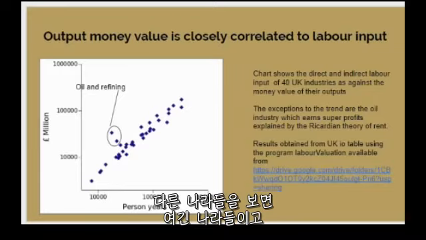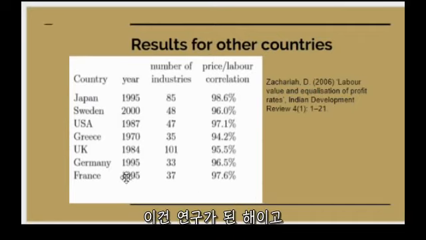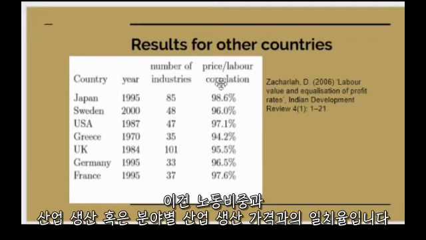If we go on to some other countries, we can look at here are the countries, these are the years the studies were done in, this is the number of industries, and this is the degree of correlation between the labour content and the value of industrial output, or sectoral industrial output.